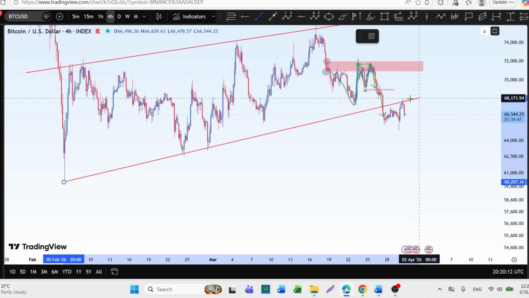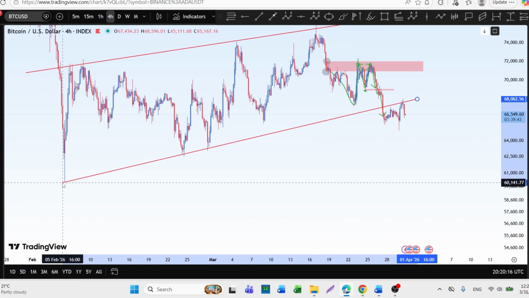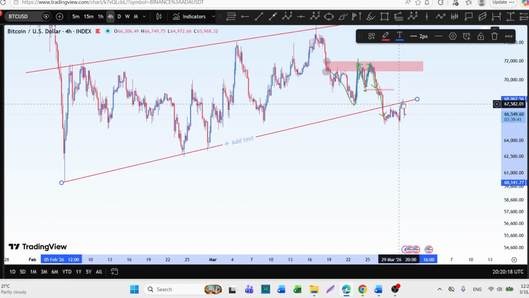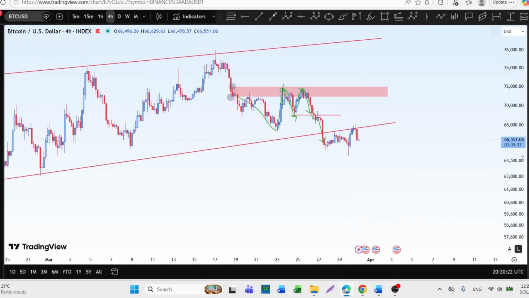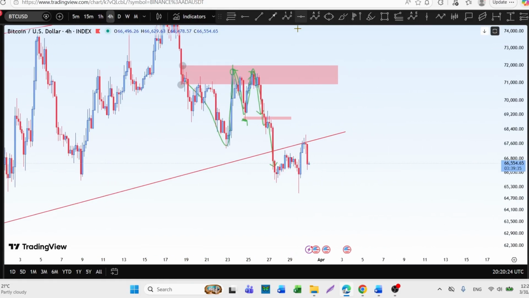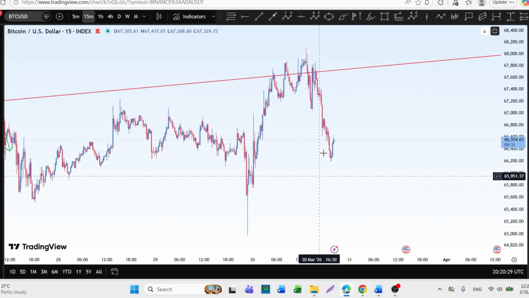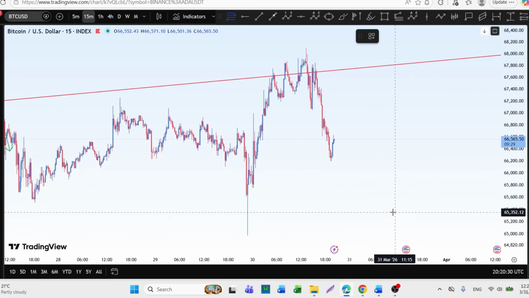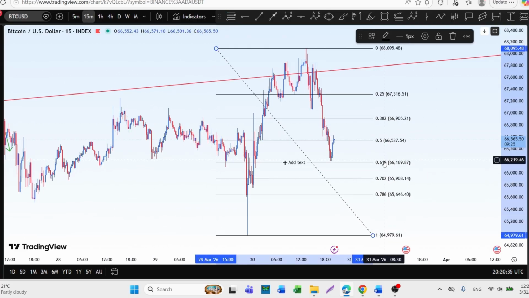If I draw my trend line here, we already got rejected from this trend line for the first time. And I think if we go on a smaller time frame, let's say the 15 minutes, and see which level we held on the Fibonacci, we will find almost the golden ratio.